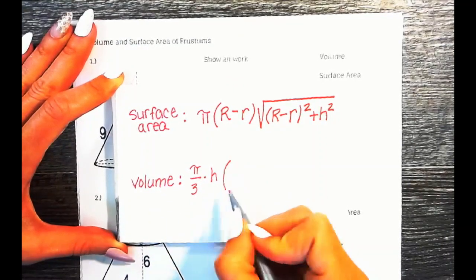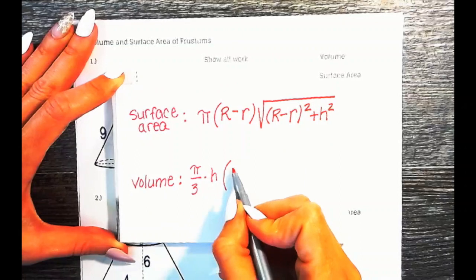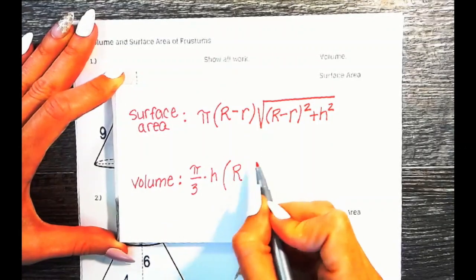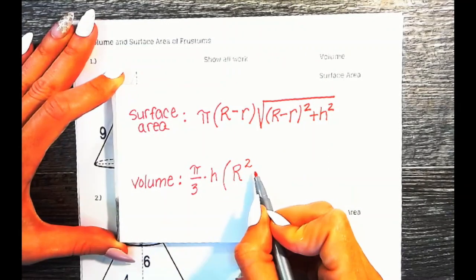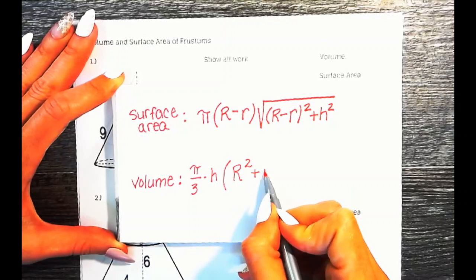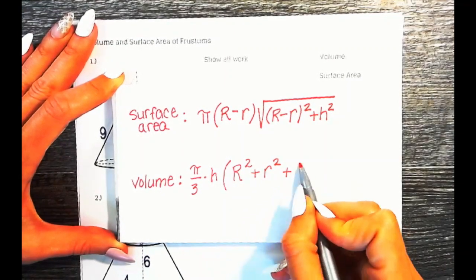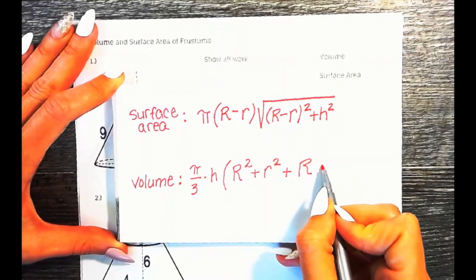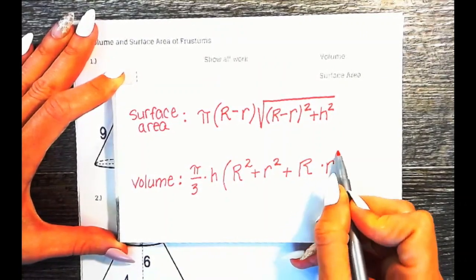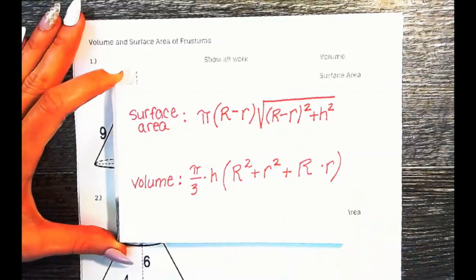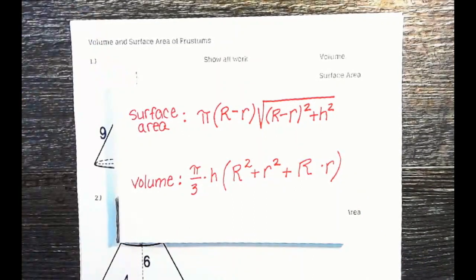They might make it a little bit more like what I'm about to show you, where you go on your little journey and find different bits and pieces, add, subtract, multiply. So we have pi over 3 times h times the quantity of r squared plus r squared, both of the radii, plus larger radius times smaller radius.